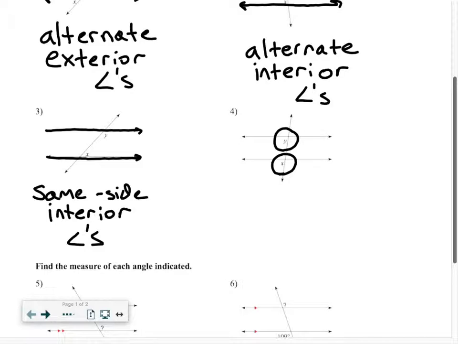So when they're in the same position of the intersection, as I described in class, these are considered corresponding angles.